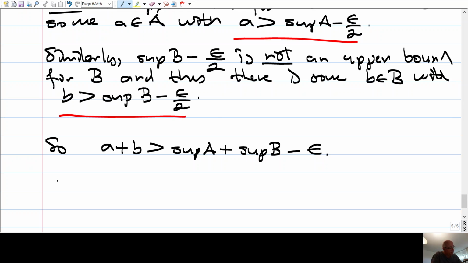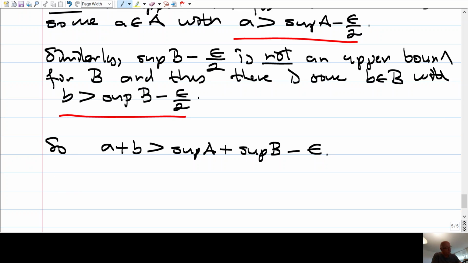So we get this. Okay. But I know this. This is an element of A plus B, right?